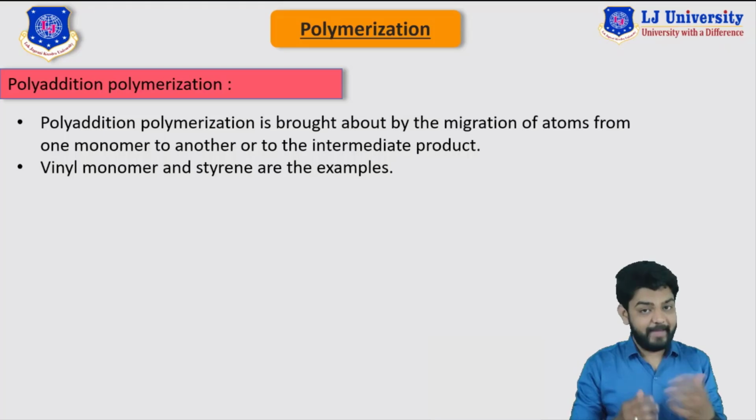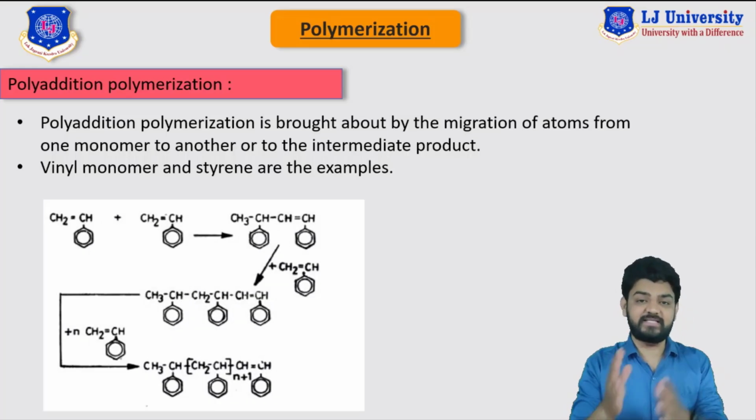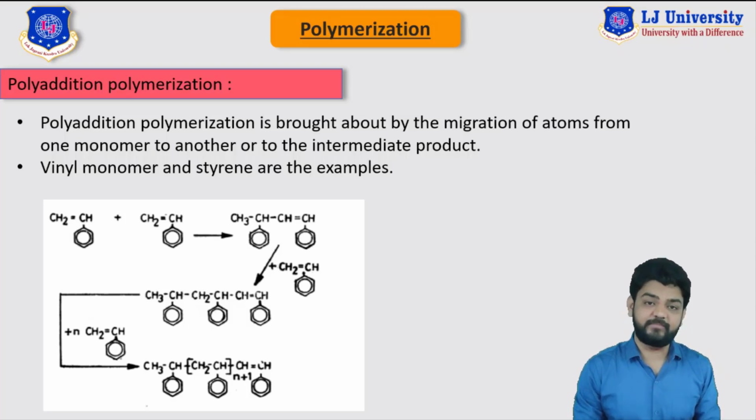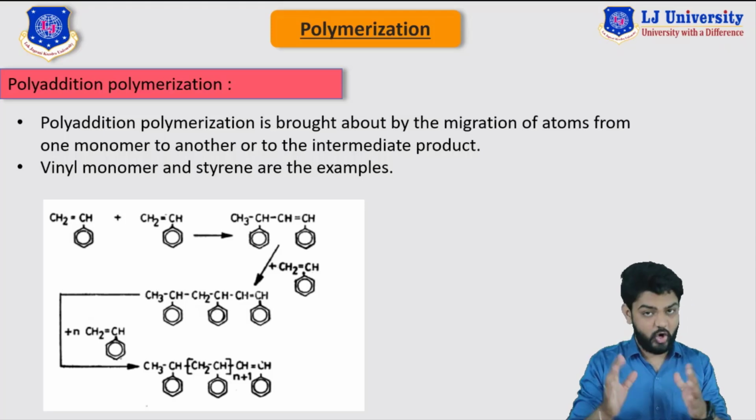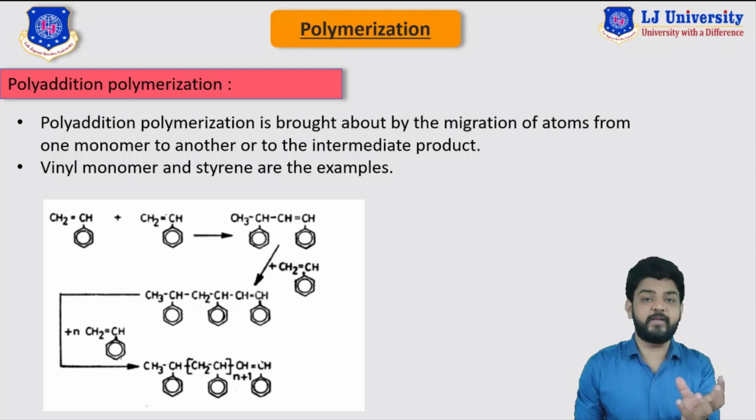So the specific atom from a monomer will migrate to another monomer, right? You can see here in this image with the example of styrene. But this thing we will understand in the upcoming part. All in all, poly addition polymerization is all about migration of one molecule inside another molecule, so that they combine, join together and form a long chain.